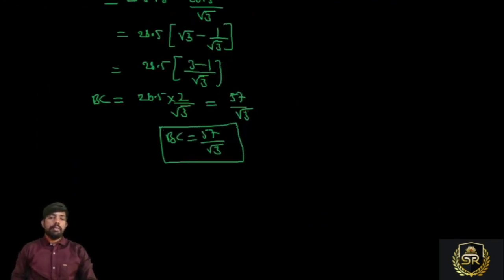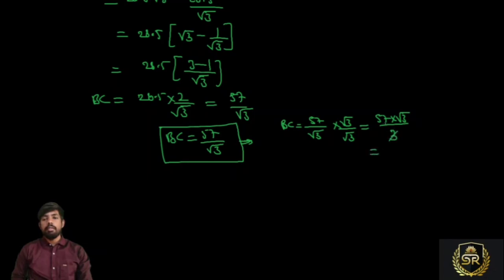Or else we can rationalize: BC is equal to 57 by root 3 into root 3 by root 3. So 57 into root 3 by 3, and 3 nines are 27, so 19 root 3. Therefore 19 root 3 meters is the BC distance.